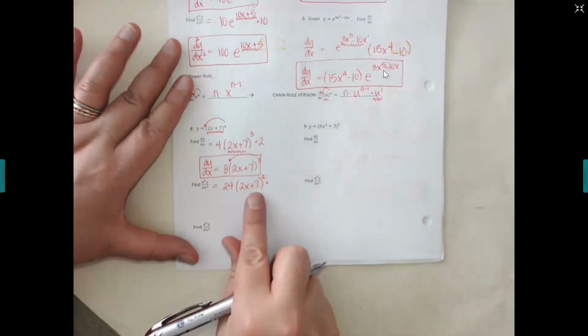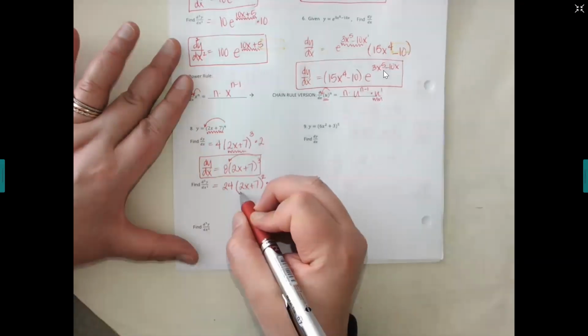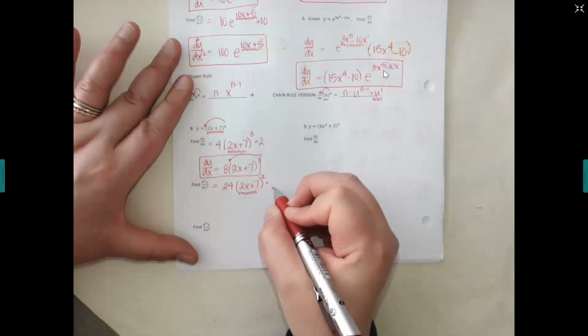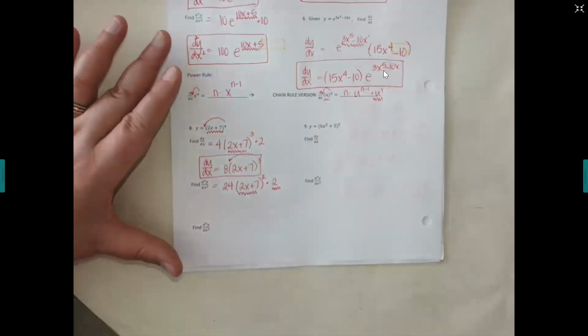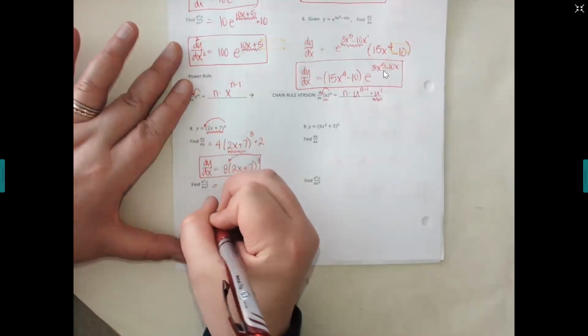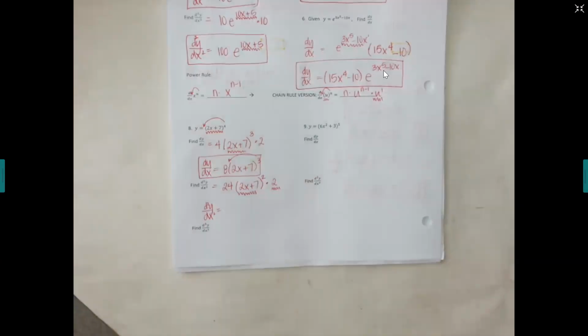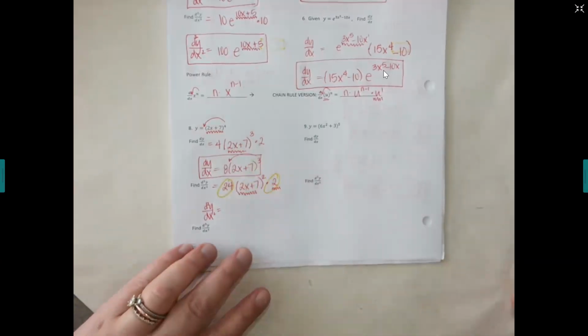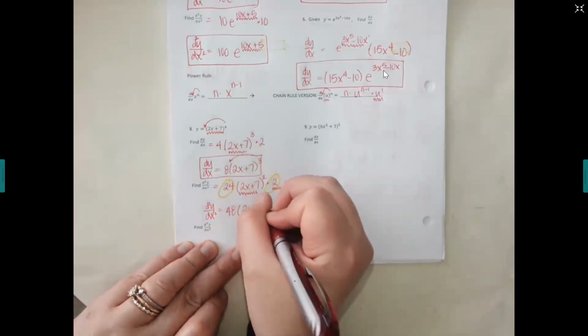But then because this isn't just an x, it's a 2x plus 7, I have to multiply its derivative at the end. 2x plus 7, the derivative is still 2, which means that my second derivative, d squared y dx squared, is equal to 24 and 2. When I multiply those together, it's going to be 48 times 2x plus 7 squared.